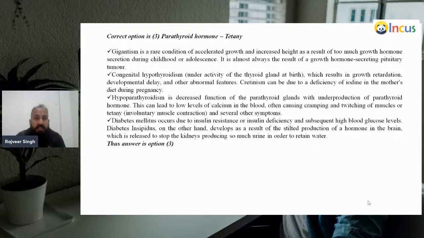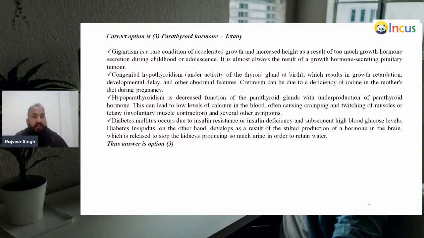Diabetes mellitus occurs due to insulin resistance or insulin deficiency and subsequent high blood glucose level. Diabetes insipidus, on the other hand, develops as a result of deficient production of a hormone in the brain, which is released to stop the kidney producing so much urine in order to retain water. So that is why parathyroid hormone, tetany is the right answer.